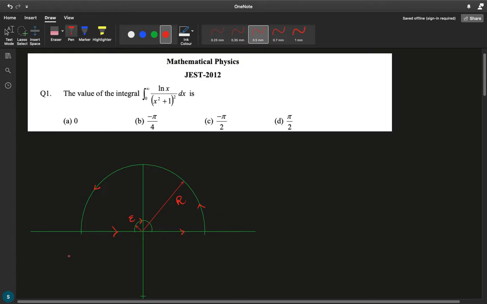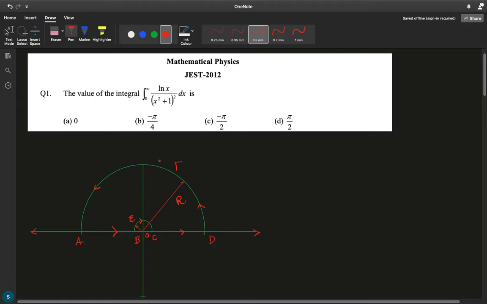We name the points here A, B, and here C, D, and this is the origin O. The contour will be denoted by sigma. This is the real axis and this is the complex axis.